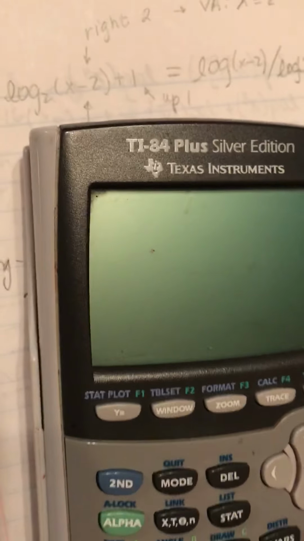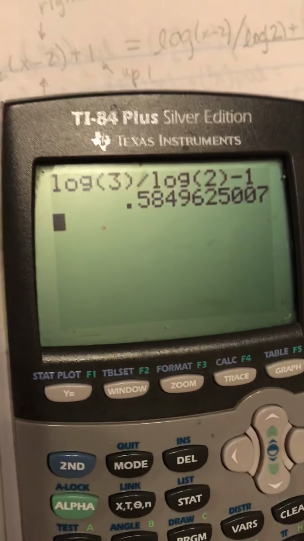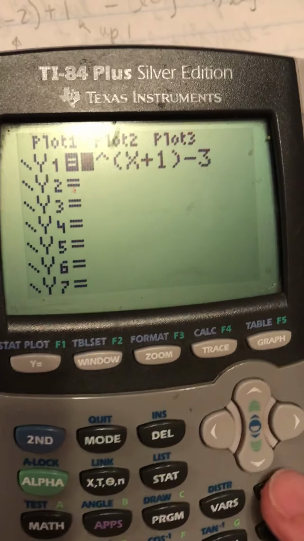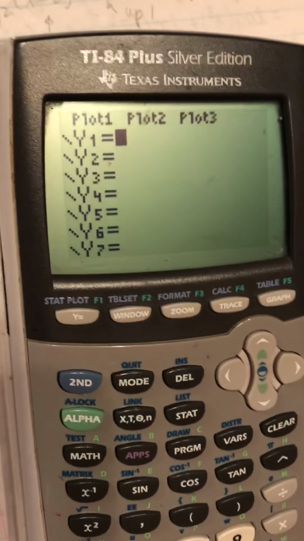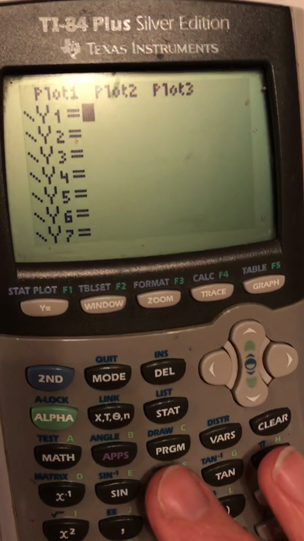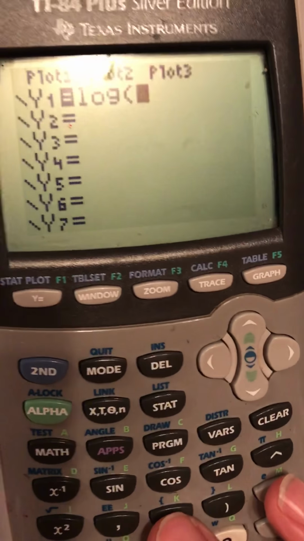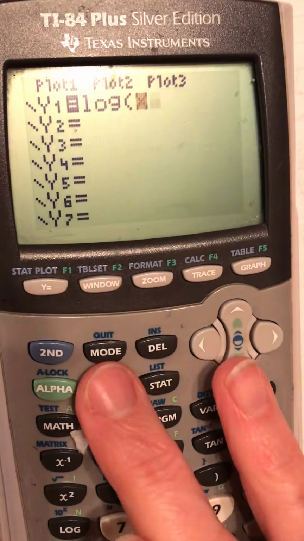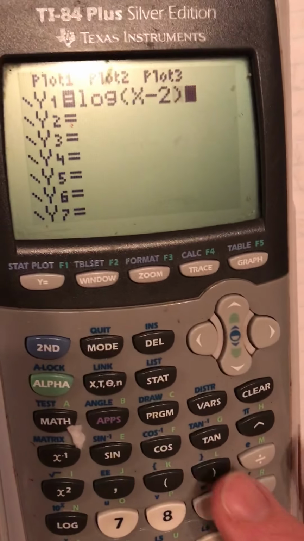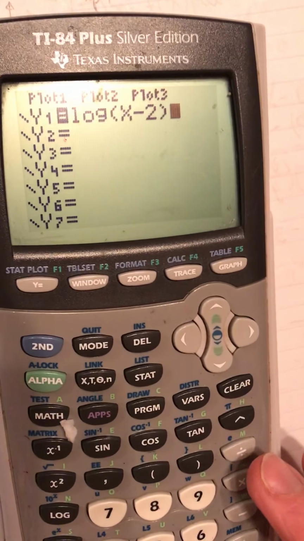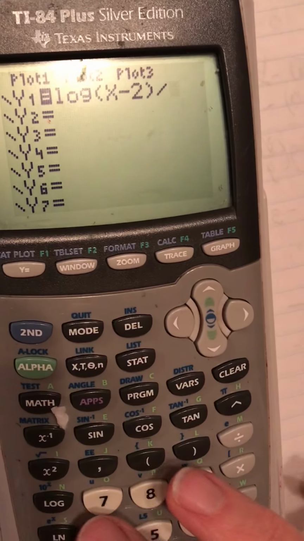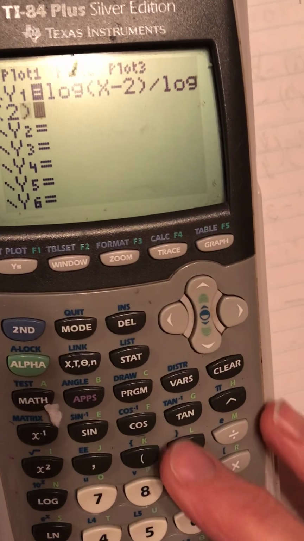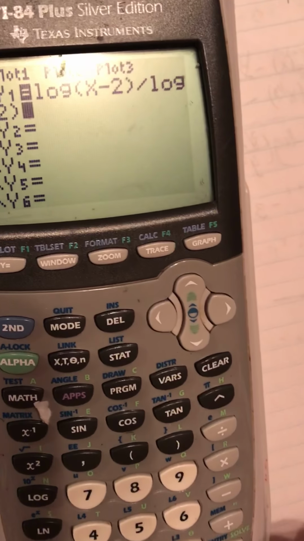I'll show you the newer calculator actually has a different log, a different base that you can use. So this is, again, log of x minus 2 divided by log of 2. That's what changes it from base 10 to base 2.